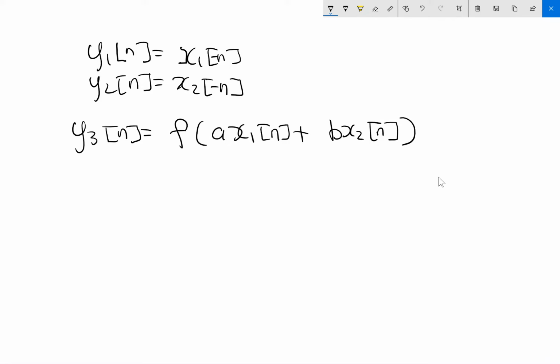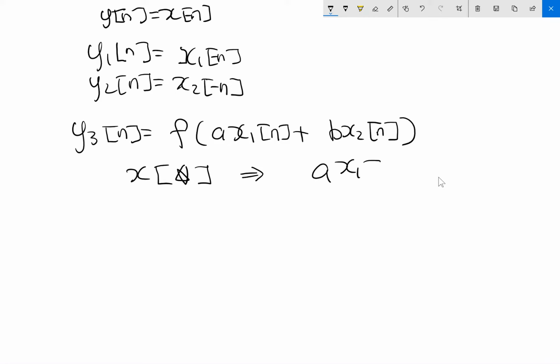But the system is described as y[n] equal to x[-n]. It's not very clear what f is. So we're still going to do the star trick. Whenever we see an x of something inside, let's say x of star, we change that into a x1 of star plus b x2 of star.